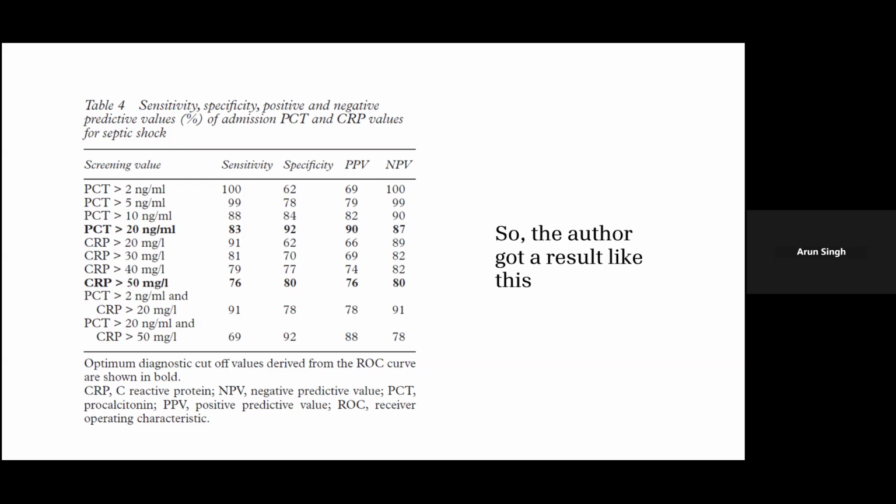Because you can see, if PCT is more than 10, the sensitivity was 88, while specificity has been constantly increasing. So clearly, the author has weighted specificity more while making a decision rather than sensitivity, and the case is opposite for PPV and NPV.